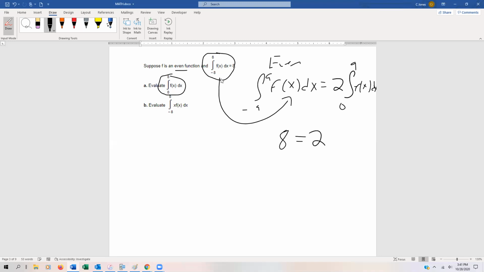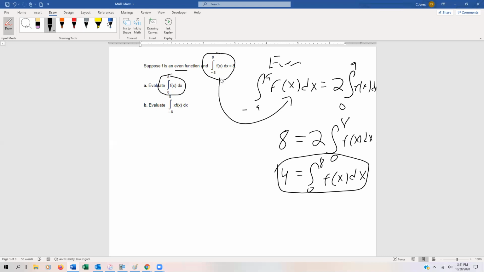So we could just say 8 is equal to twice the integral from 0 to 8 of f of x dx. Then if you divide by 2, you can say that 4 is equal to the integral from 0 to 8 of f of x dx. That's the very definition of even, so the answer would just be 4 just by using the symmetry. That should be pretty easy to see.